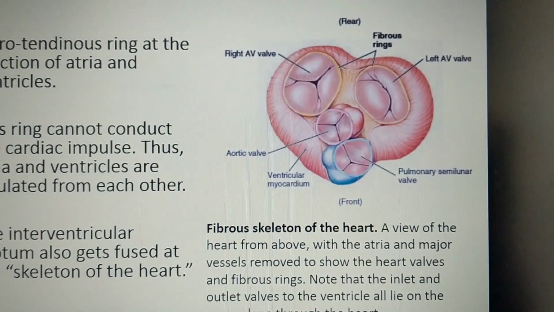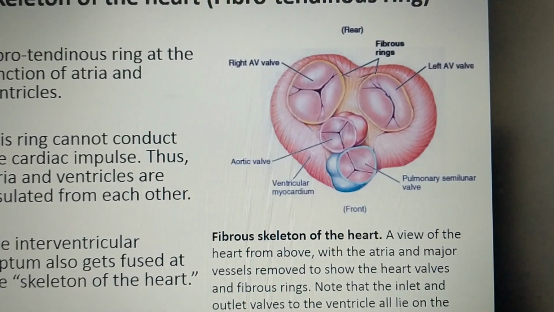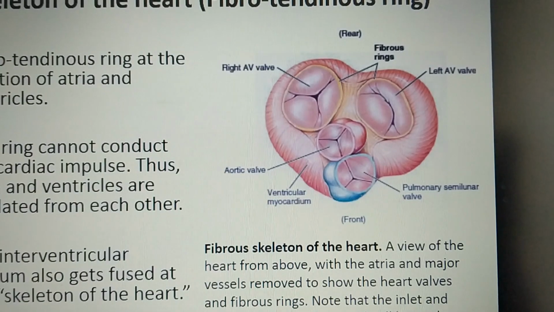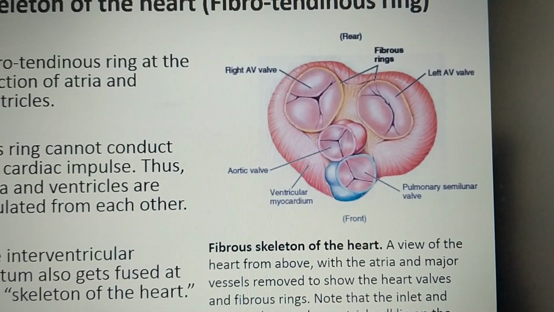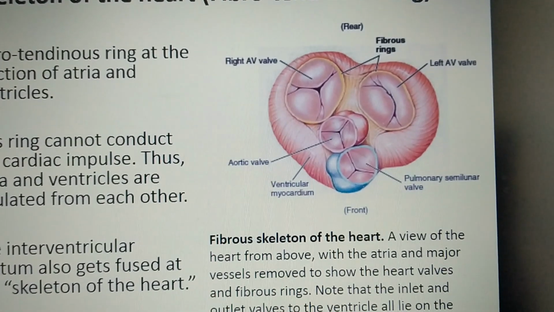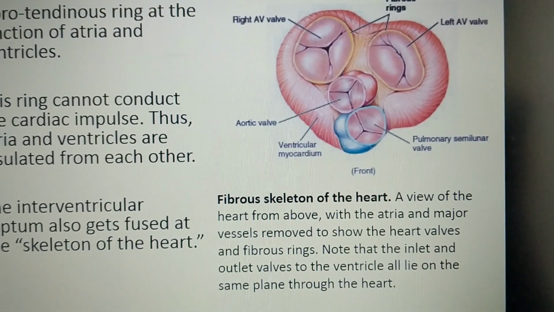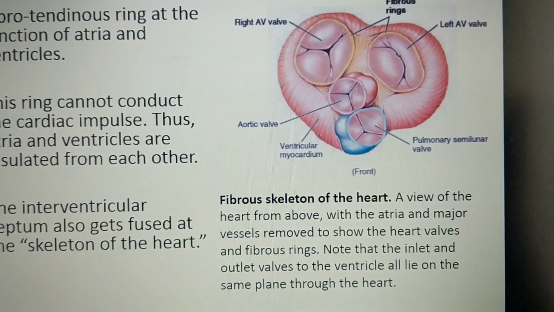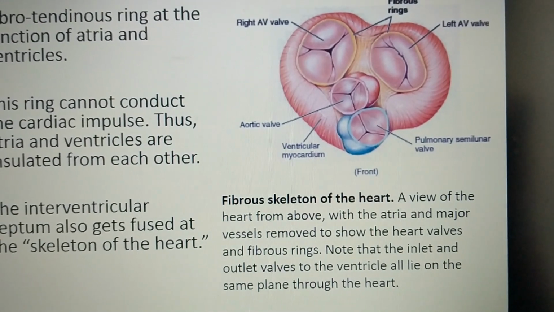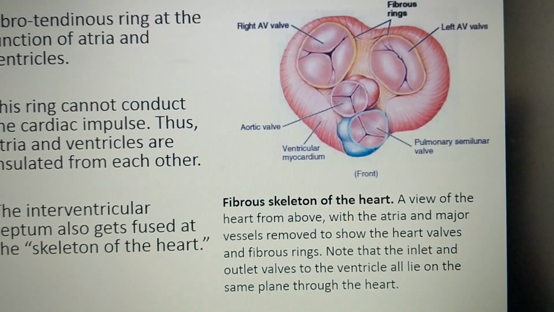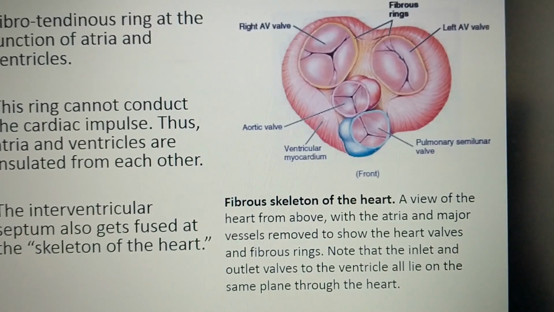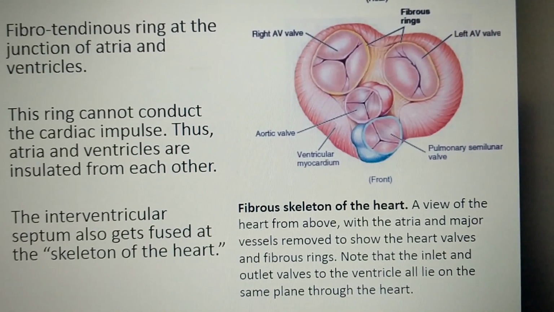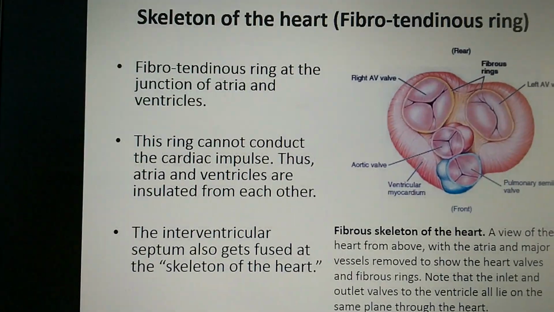In fact, it has been shown here that these four different valves all lie in the same plane, and they are tied together by connective tissue known as the fibrous rings. These fibrous rings do not allow the impulse to travel from the atria to the ventricle.